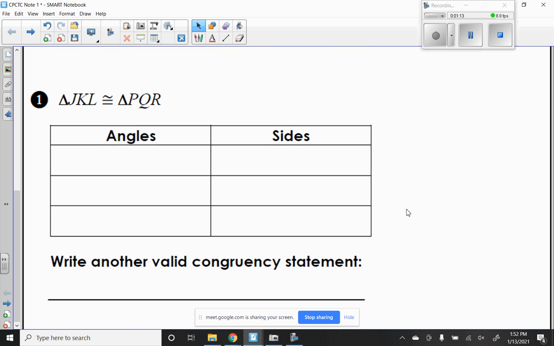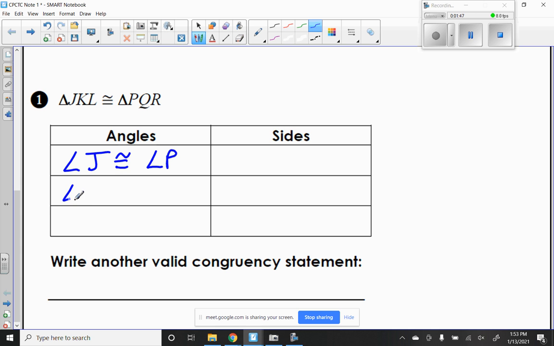All right, so let's learn how to read a congruent statement. Let's identify the congruent angles and congruent sides. How do you identify the angles? You go by order. The first angle from the first triangle is J, so angle J is going to be equal to angle P. Based on that congruent statement, those two angles must be the same.